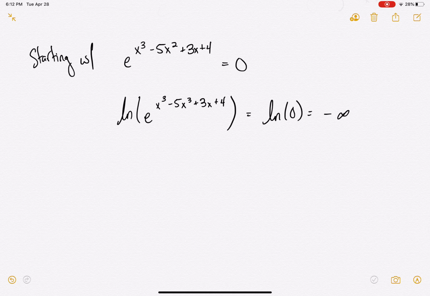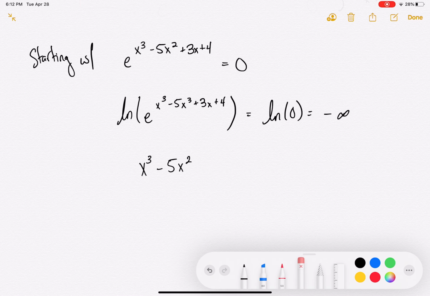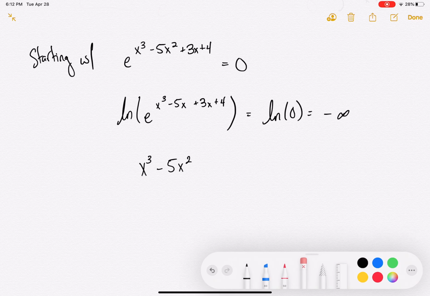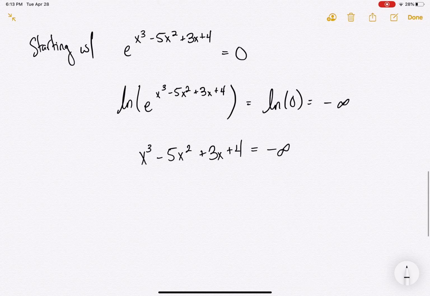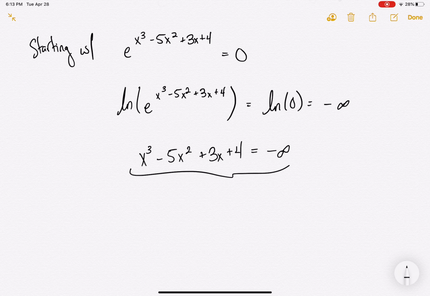So you're looking for a spot where x cubed minus 5x squared, my fault up here. Not that you need to know that, but I'll explain why this is somewhat important. So the fact that this equals negative infinity means there are no solutions. There are no solutions to this part.